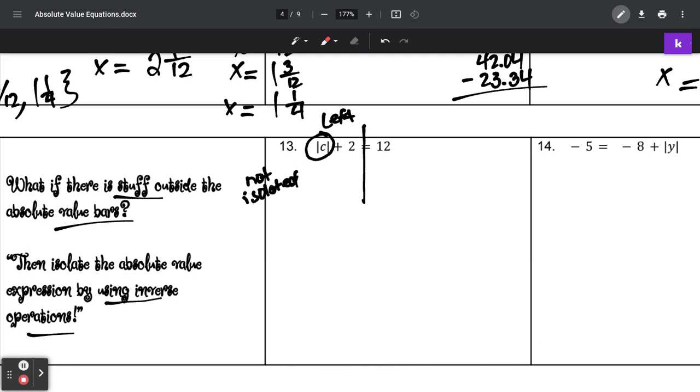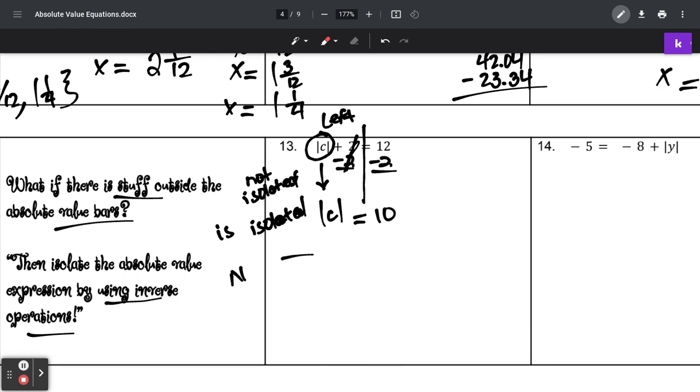How do we get rid of this +2 on the other side? Using the inverse of +2, which is -2. These will cancel. Now when you bring this down, the absolute value is isolated. So I'm going to put the absolute value of C equals 12 minus 2, which is 10.